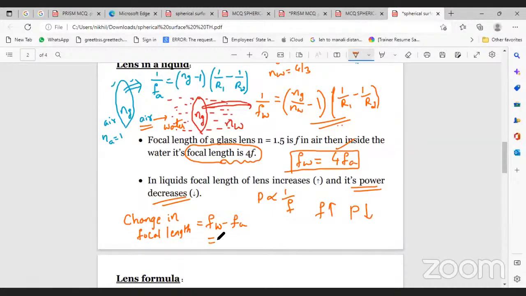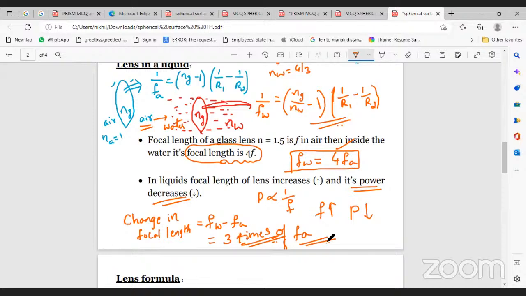Focal length in water is 4 times, so 4 times minus 1 time means 3 times. So 3 times is the change in the focal length, 3 times the focal length in air. So this is how we are going to find the change in the focal length.